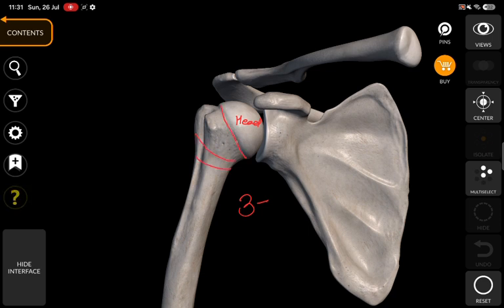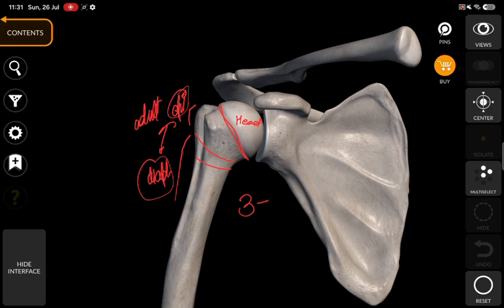Anatomical is where the capsule of the shoulder joint lines, whereas the morphological neck is the junction between the diaphysis and the epiphysis, the fusion of these two bones in the adult bone. In the young bone these are separated by epiphyseal plates, right? But here they fuse and form the morphological neck, right?